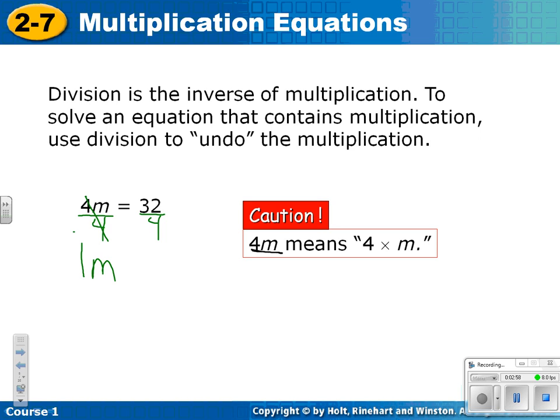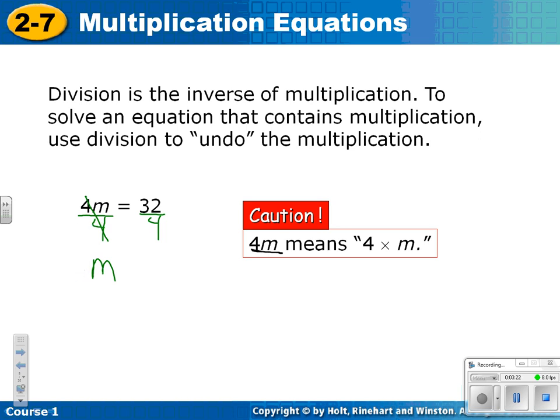Let me ask you this. What is 1 times 7? 7. What is 1 times 5? 5. What is 1 times 7,036? 7,036. So 1 times any number is that number. So we actually don't even need this 1. Don't even put that 1 here.